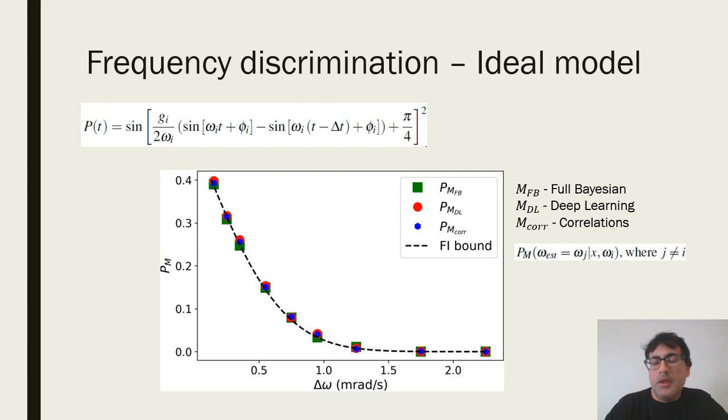The red circle is the deep learning method, and in blue we have a correlation-based method, where we estimate the frequency based on a two-point correlation, which is a more fair comparison to machine learning because we assume no a priori knowledge of the physical model or the noise model. And in this ideal model, we see that all methods reach the optimum.